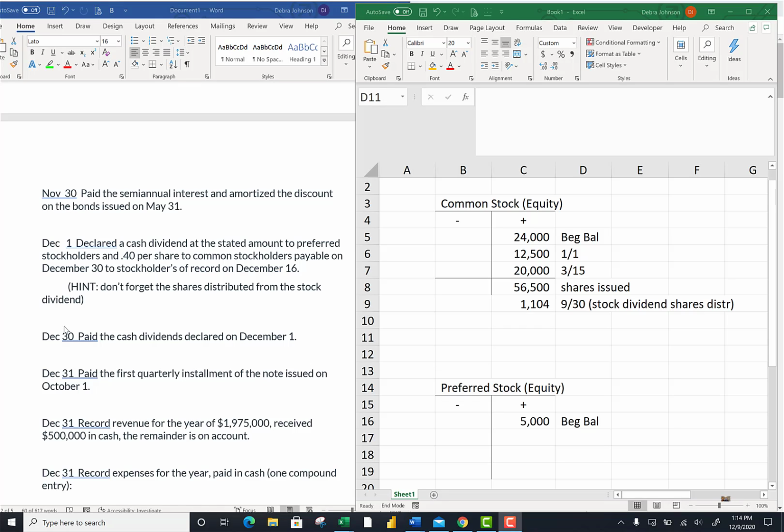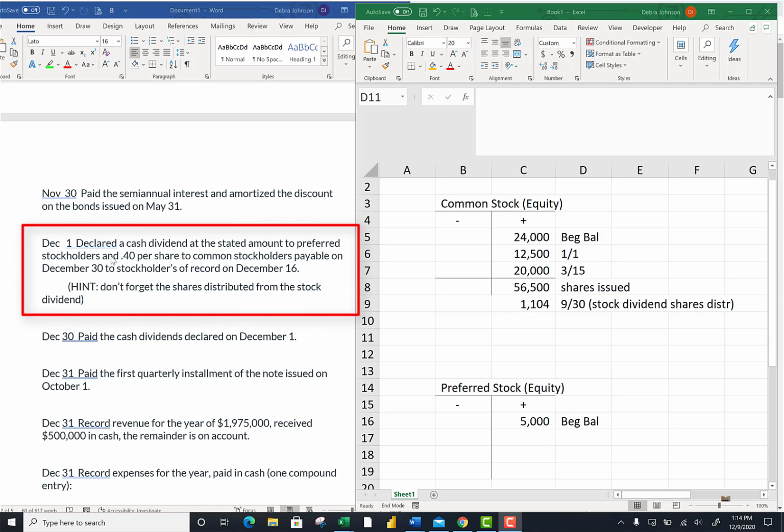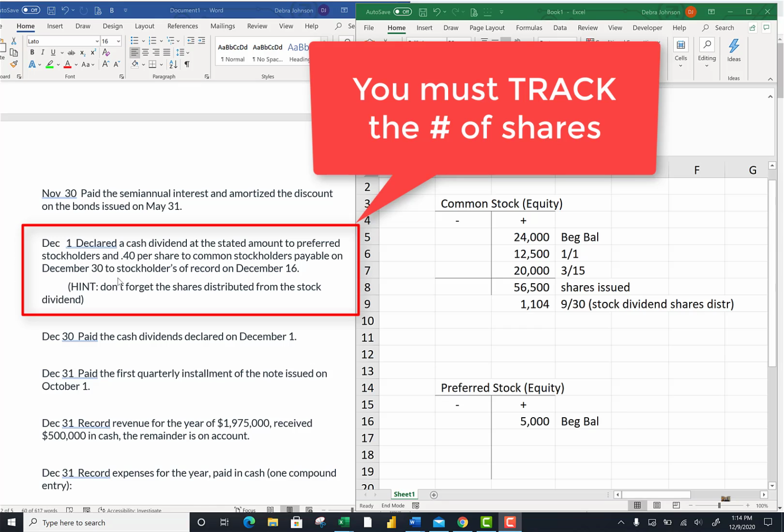The other journal entry, which seems to be causing some problems, is on December 1st. Not surprisingly, this is a cash dividend. You need to follow exactly the same steps, which means keep your common stock account current with the number of shares.